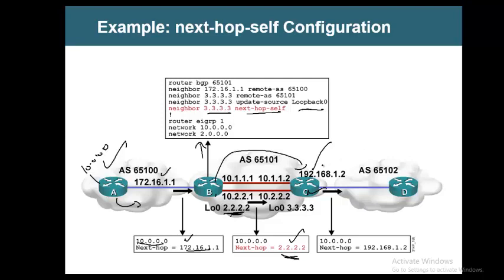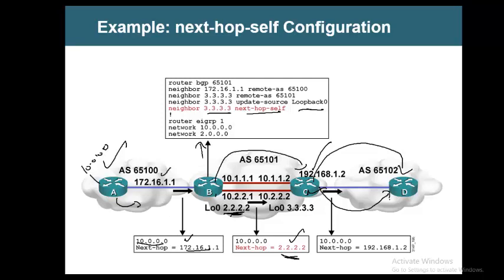And now, when this update is advertised to a remote autonomous system, again, there's an old story. The next hop will be the exit interface address of this autonomous system, because it is an autonomous system by autonomous system protocol. So the 2.2.2.2 will not be carried to router D. Why?